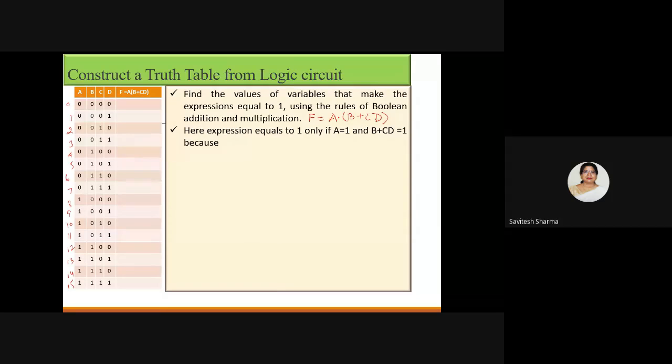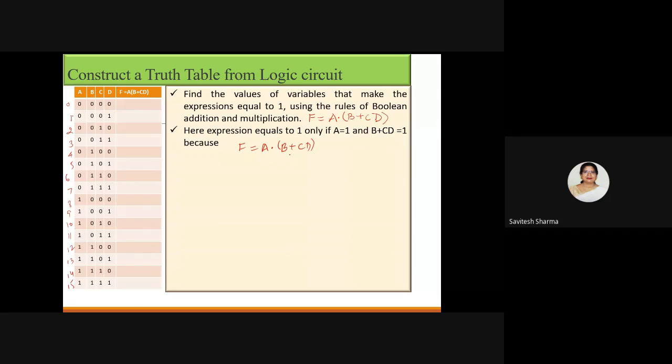So here I am observing that your output f will be equal to 1 if your A is, here you see that this is the product A dot B plus CD.